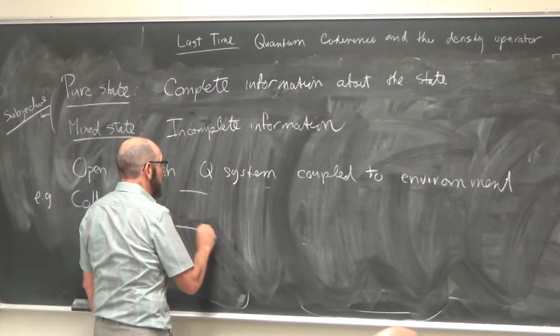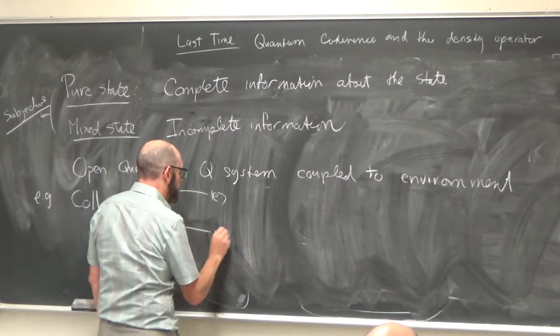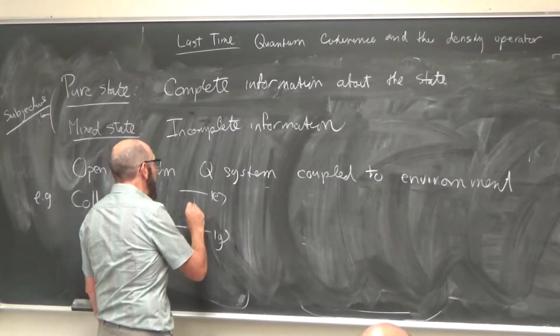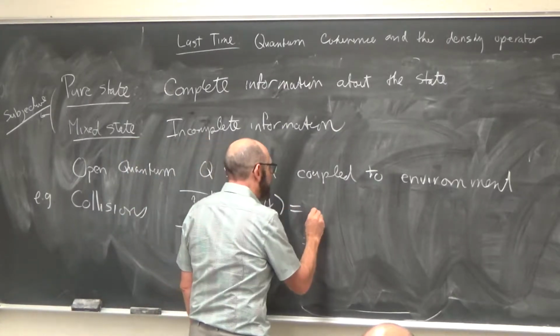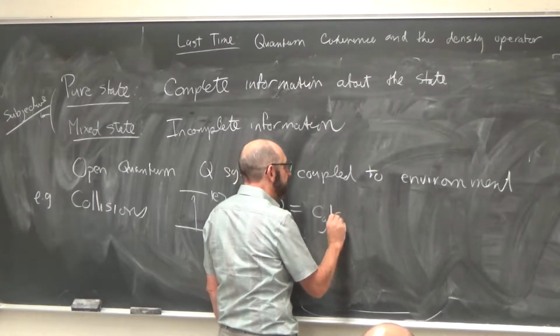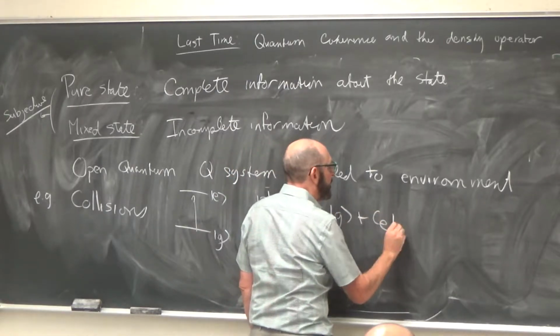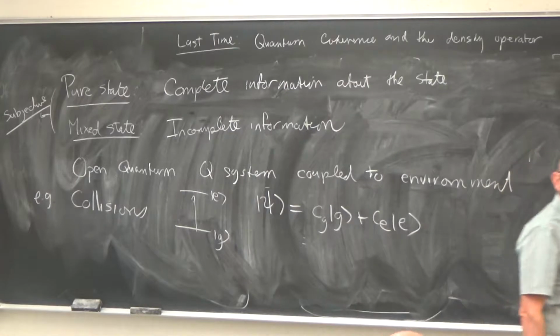Let's say I have my two-level atom, as we'll discuss more soon. And we know that the state of the system, in this case pure, in this basis of two levels is some superposition of the ground and the excited state.